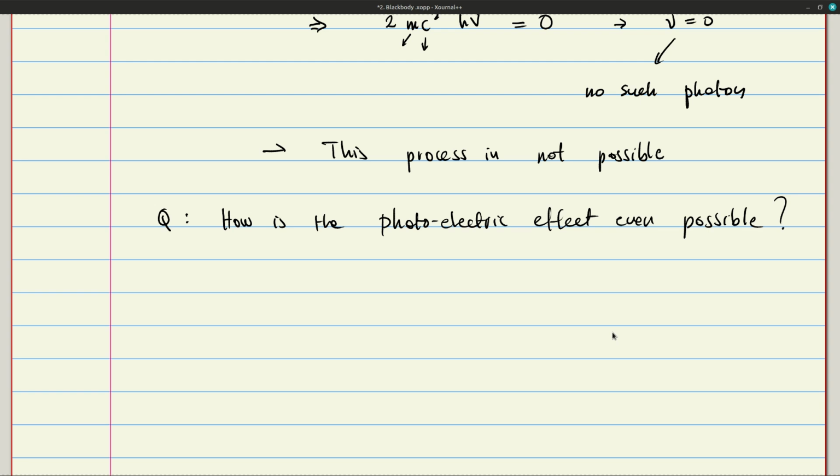Any suggestions? Should I pick somebody and ask? Anybody? So is the photoelectric effect possible? Yes. But we just showed a photon cannot be absorbed by an electron. What is missing?